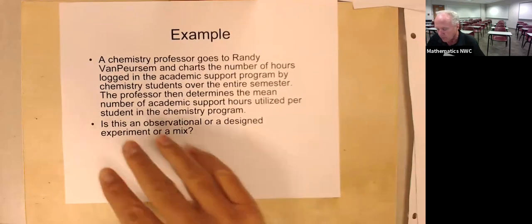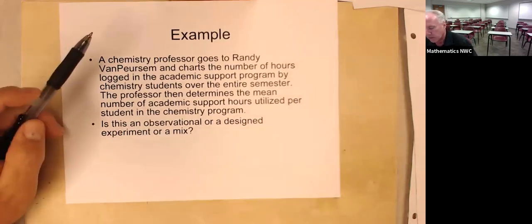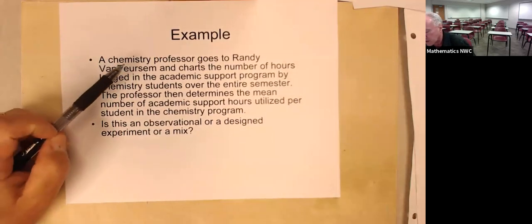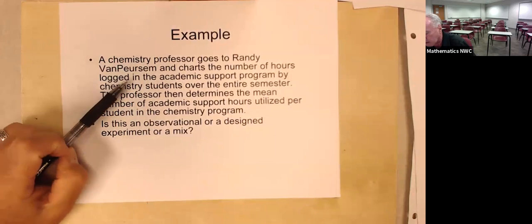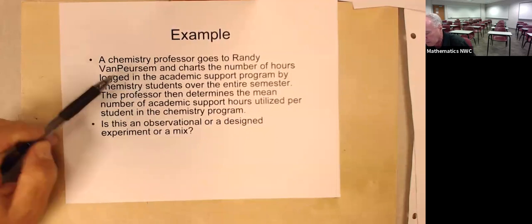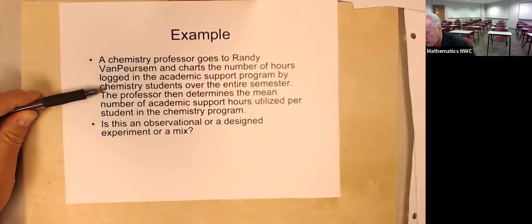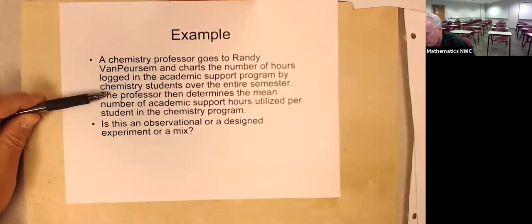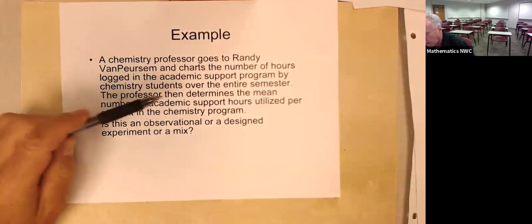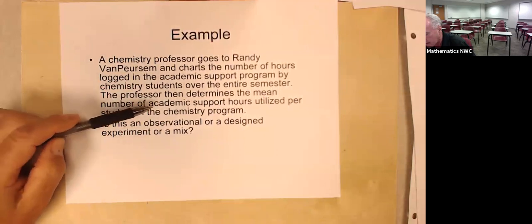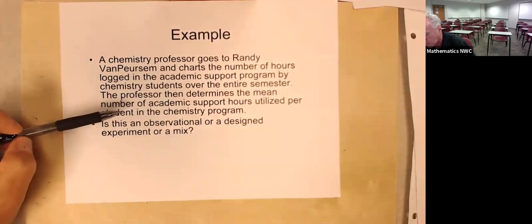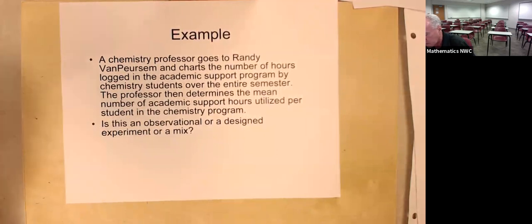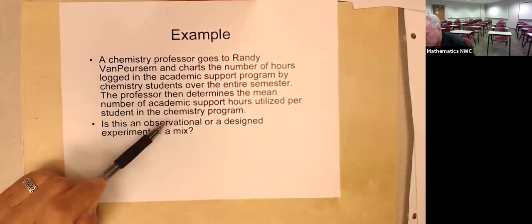Some examples. A chemistry professor goes to the academic support center and charts the number of hours logged in the academic support program by the chemistry students over the entire semester. The professor then determines the mean number, the average number of academic support hours utilized per student in the chemistry program. Is this observational?